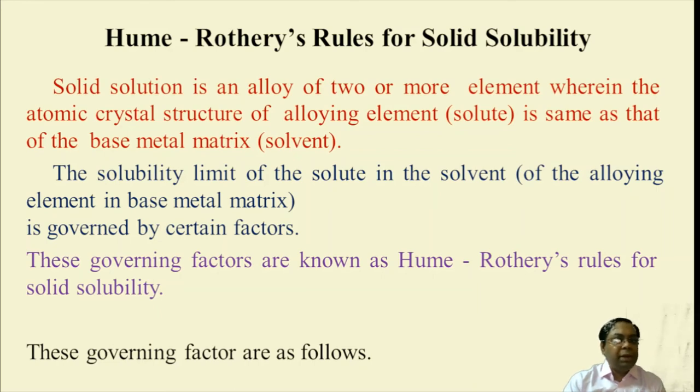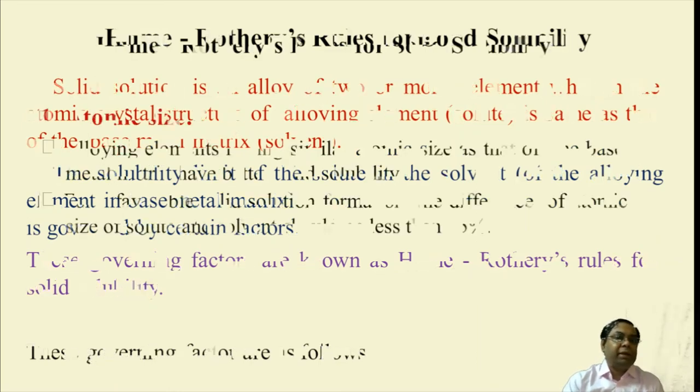The solubility limit of the solute in the solvent is governed by certain factors. These governing factors are known as Hume-Rothery's rule for solid solubility. So let us check the governing factors.